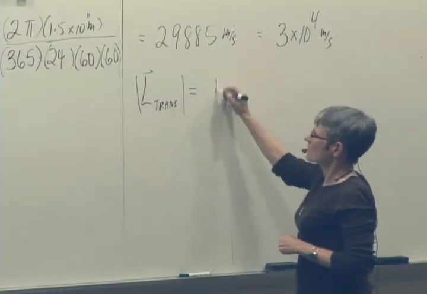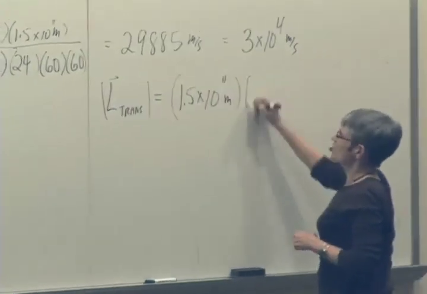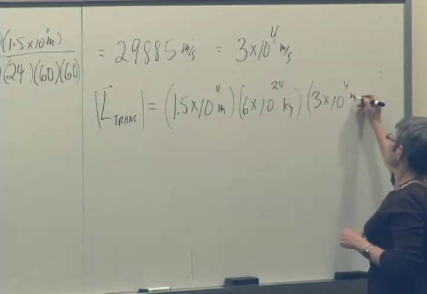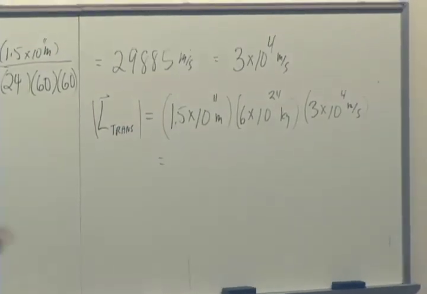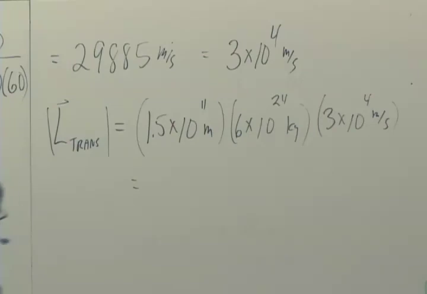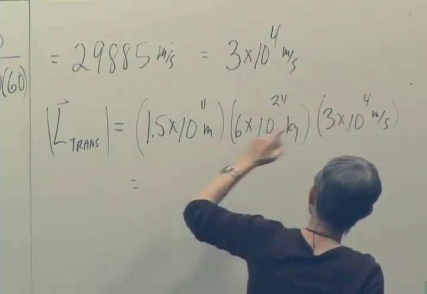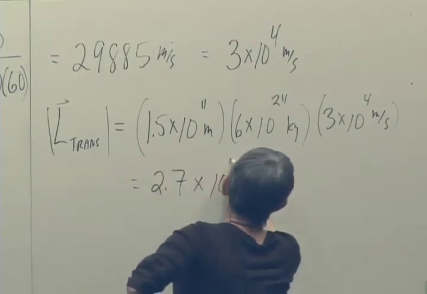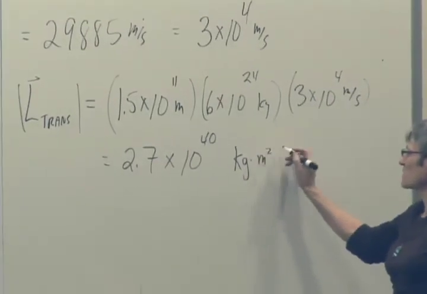So we have 1.5 times 10 to the 11 meters times 6 times 10 to the 24 kilograms times 3 times 10 to the 4th meters per second, which is, well, it looks like 11 plus 24 is 35, plus 4 is 39. 2.7 times 10 to the 40th, and the units are going to be kilograms times meters squared per second.